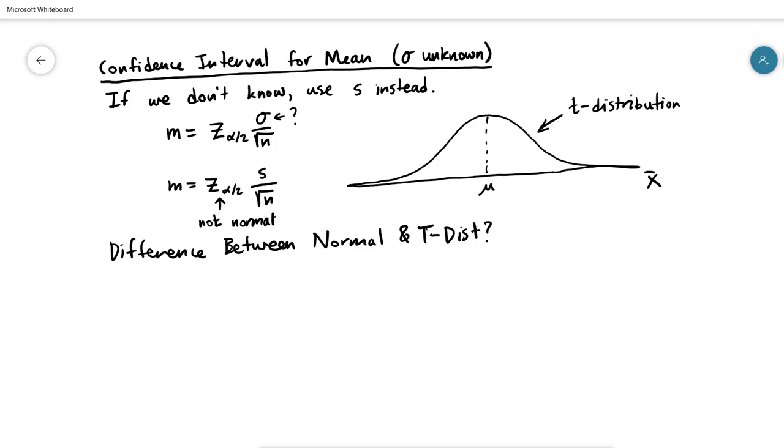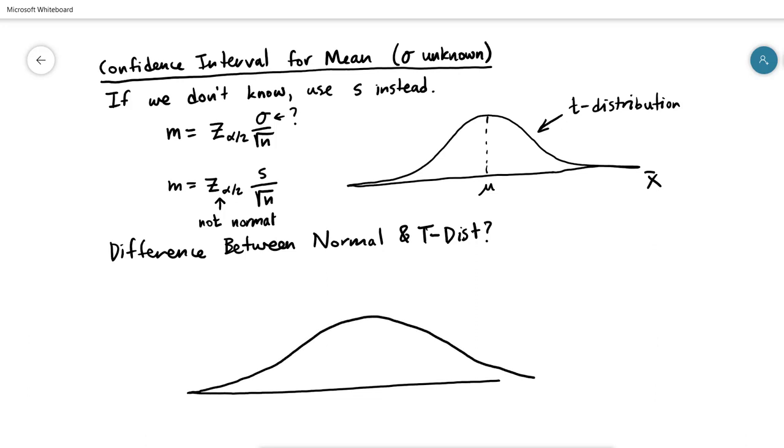For a t-distribution, there's actually a bunch of them, and they take the size of the sample that was used into account. I'll draw a picture here. This is kind of what you might get for a t-distribution with n equal to some small number, let's say 5. So a small sample size. The main feature that differs from a normal distribution is that the middle region is going to be a bit lower and the tails are going to be a bit fatter.